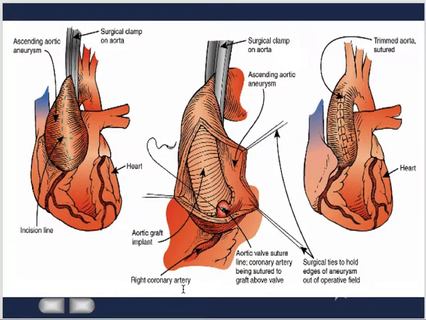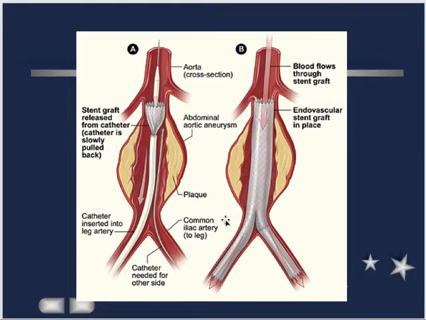Again, it's not that simple. It's a huge procedure, but nowadays the good thing is we have new procedures called endoluminal procedures, by which this is repaired. You can see over here, this is the repair of the aorta, in which they are putting a stent graft.